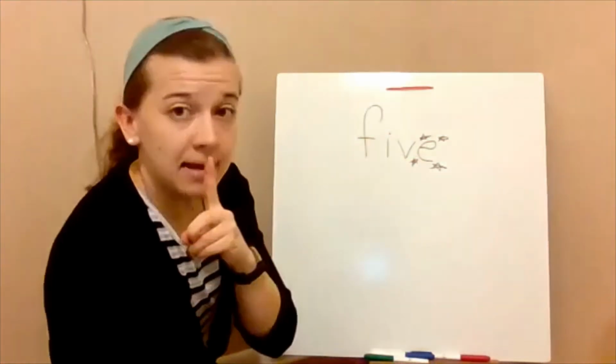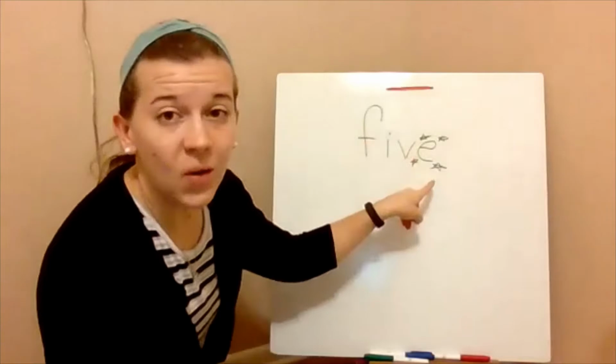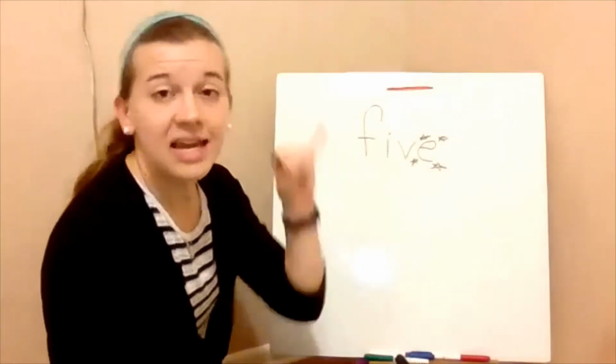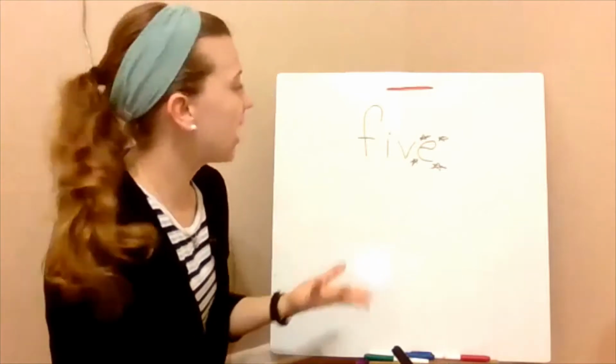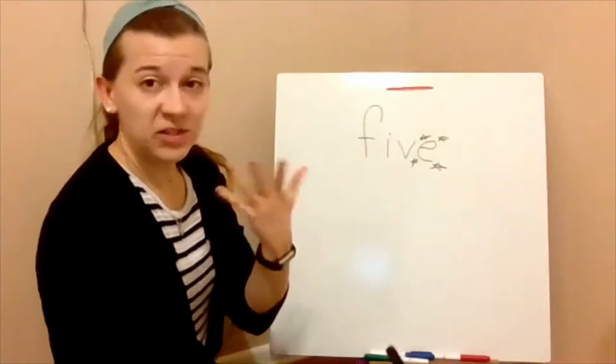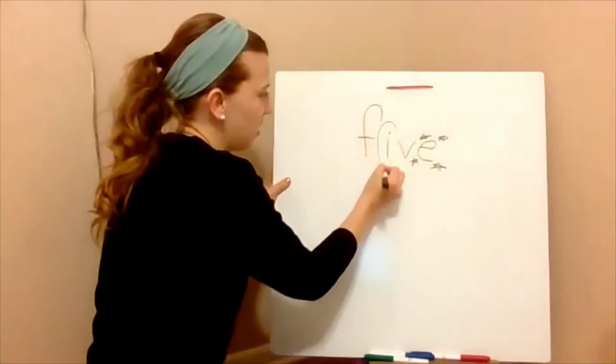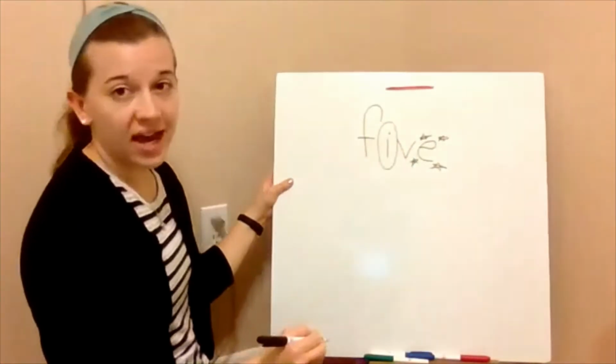Well, Magic E is silent, but Magic E also makes the I say its name. So I isn't saying its short sound, like we've practiced before. I is now saying its name. It's saying I. Okay, so let's circle that I to remind us of that.